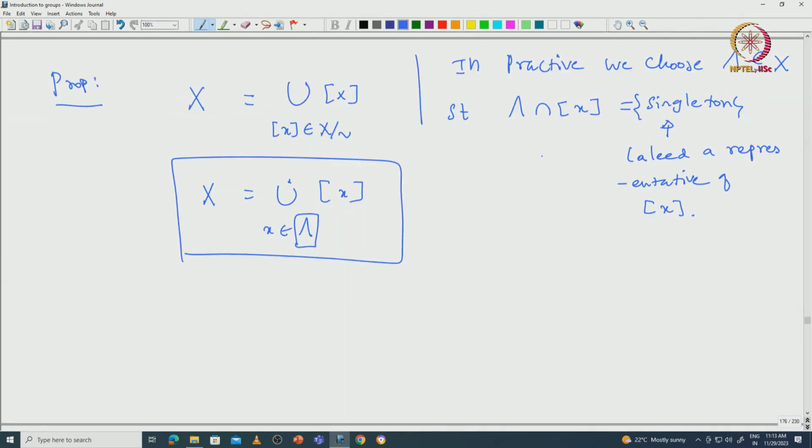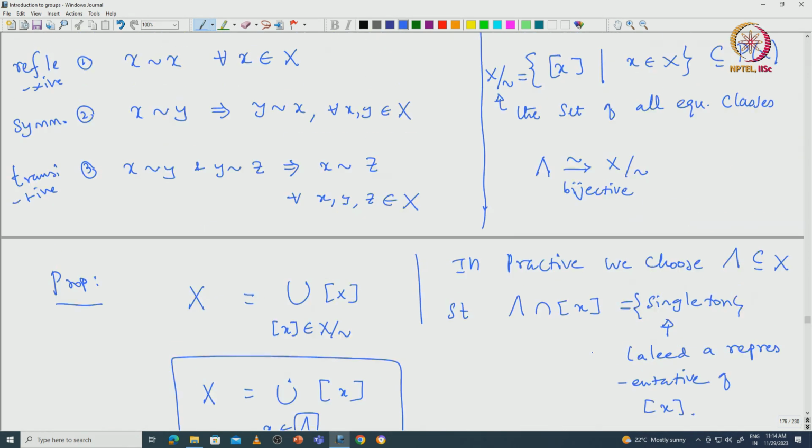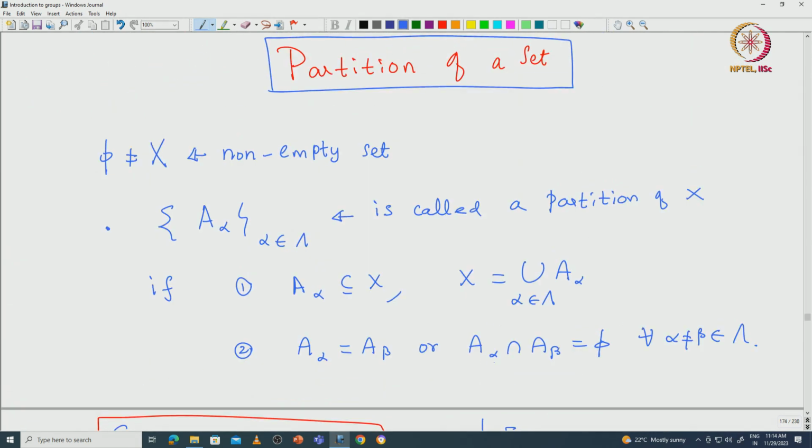So, what this proposition says is that this collection, the equivalence classes where X is coming from Lambda, forms a partition of capital X, and it is not very hard to see that any partition actually comes from such an equivalence relation. One can start with a partition like the one in this definition, say capital A alpha, alpha coming from Lambda, and then define an equivalence relation on capital X using it.